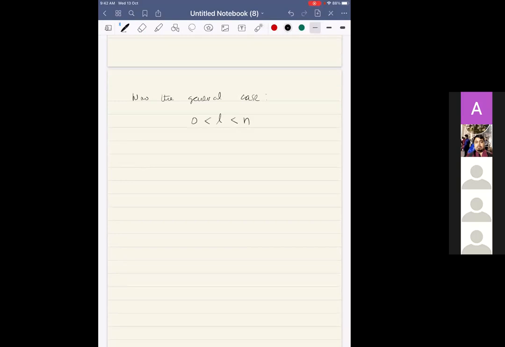So L is at least 1, and so n is at least 2. To have this non-trivial situation, you need at least a two-dimensional vector space to start with. Because if V has dimension 1, then either T is injective or it's a zero map.